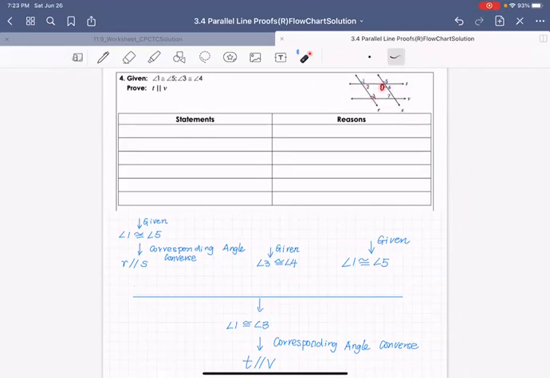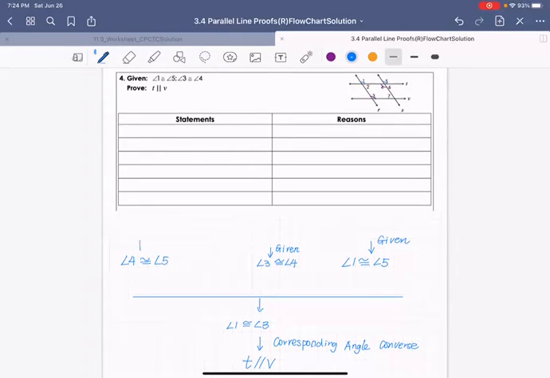And look, we have just one more angle 4, because angle 4 is vertical of angle 5, right? So actually we don't need to use this part. We say angle 4 is congruent to angle 5, correct?